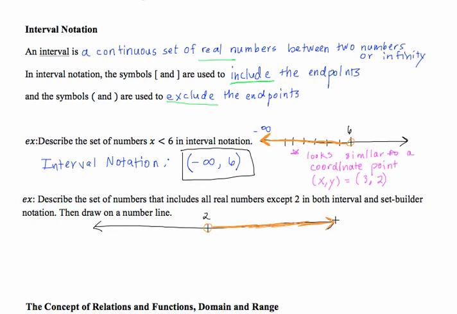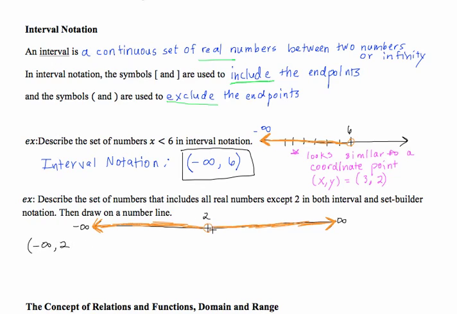Since I'm not putting any tick marks here, I should write infinity and negative infinity here. Everything else is included. So how do we do that in interval notation? We just go from left to right across the number line, and the lowest number is negative infinity. So we'll go from negative infinity to 2.